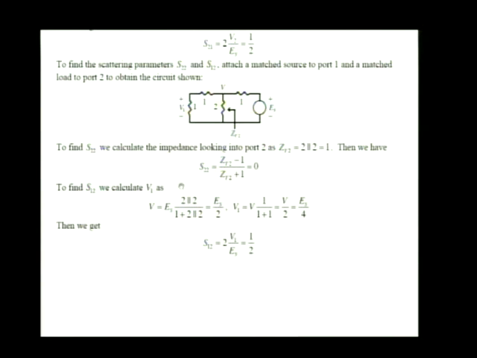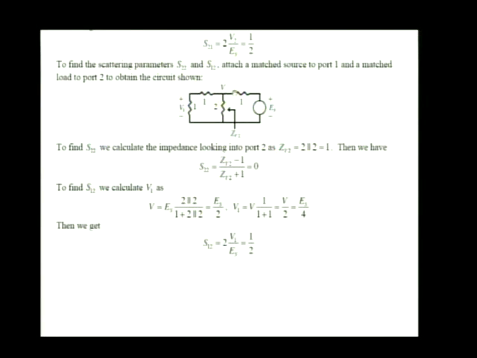Okay, so V is going to be ES times the voltage division factor of the impedance of the portion of the circuit that we're trying to find the voltage drop across. V is the voltage drop across the 2 ohm resistor in parallel with the 1 plus 1.